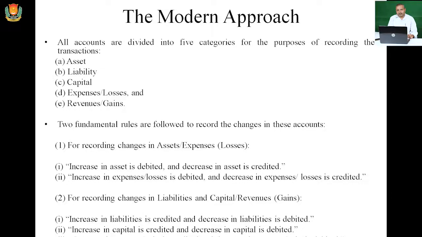They are assets, liabilities, capital, expenses or losses, and revenues and gains. I repeat once again, the modern approach of classifying the transaction divides the accounts into 5 categories. They are: number 1 assets, number 2 liabilities, third is capital, fourth is expenses or losses, and fifth is revenue or gains.